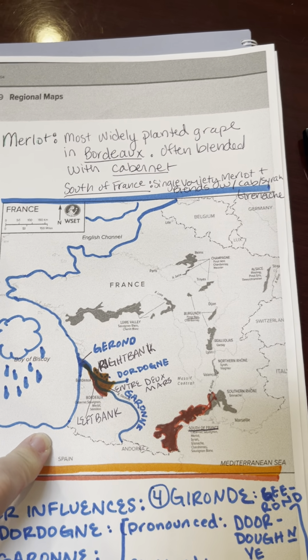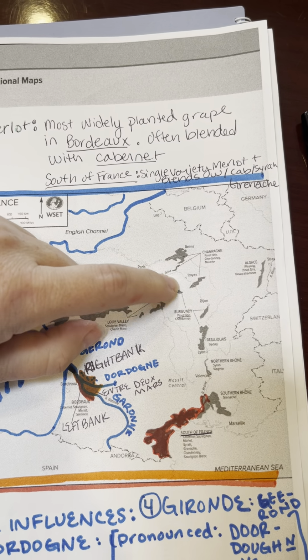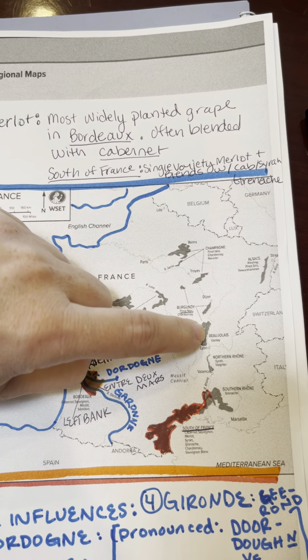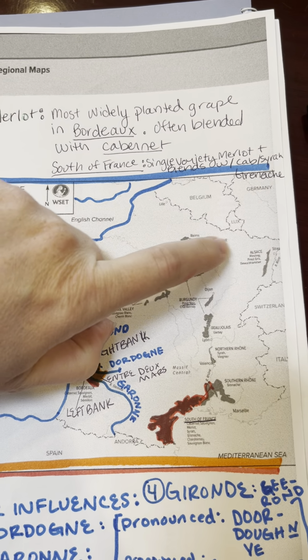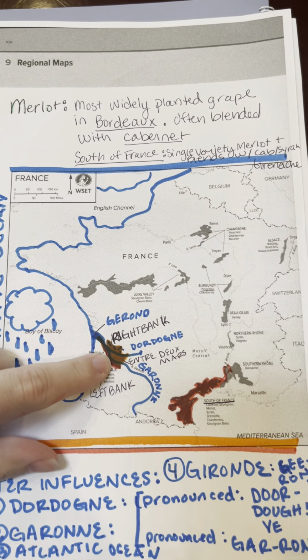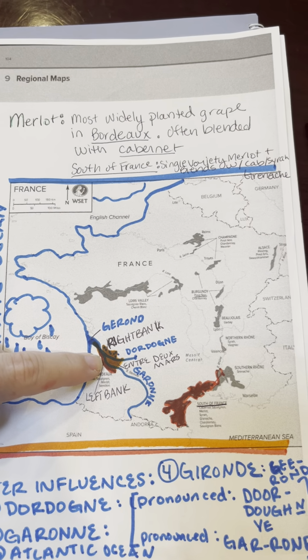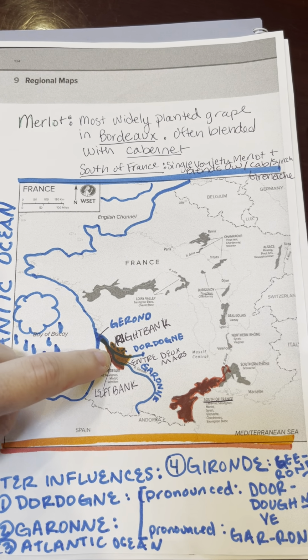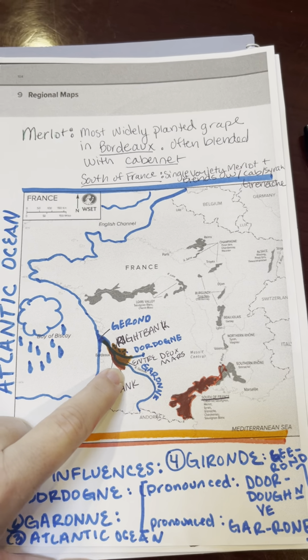And if you recall, we've covered regions like Loire Valley, Burgundy, Northern Rhone, Champagne, Alsace, and now we're over here in this moderate climate of Bordeaux. That's this orange in the picture.